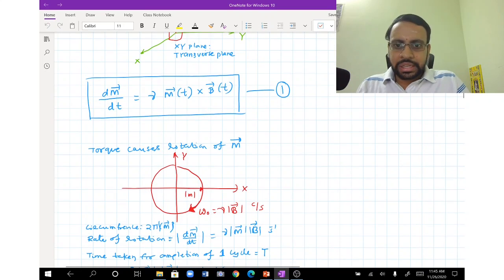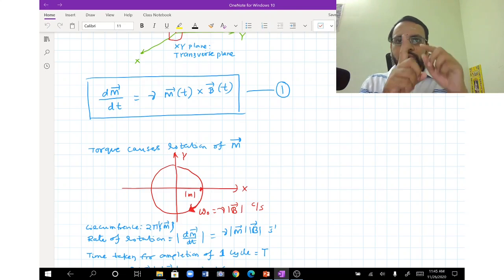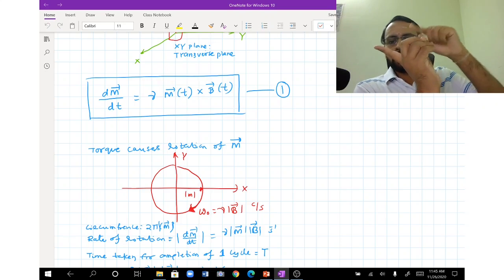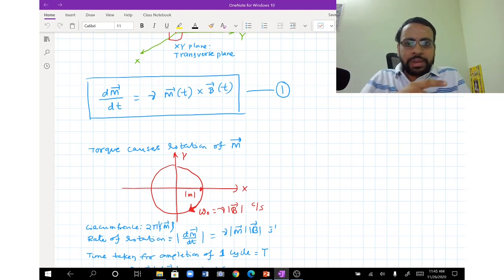So for that, just take a closer look at this expression of dM bar by dt being gamma times the cross product. Now consider a case where you tipped it to fall on the xy plane, and it is rotating on the xy plane, okay.